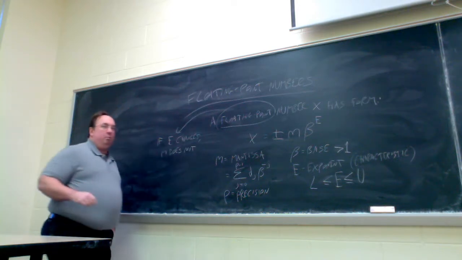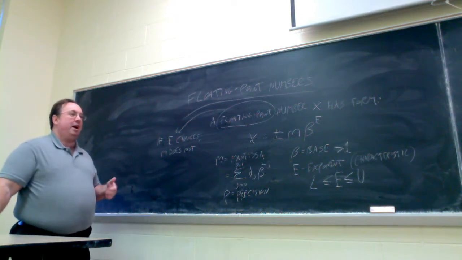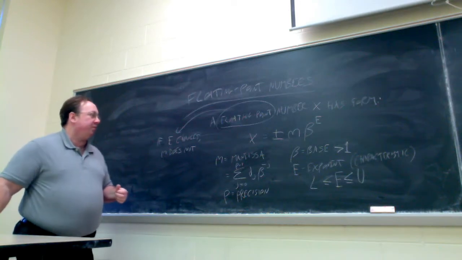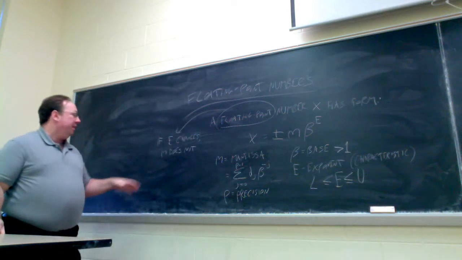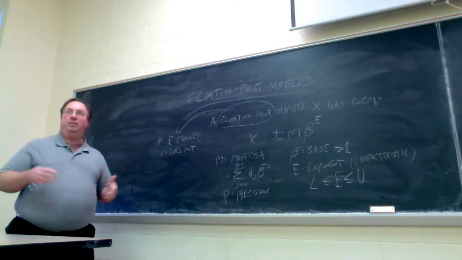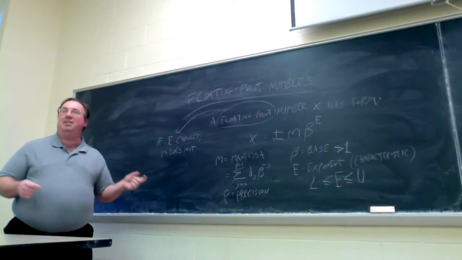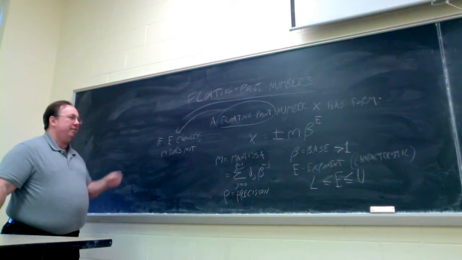So whatever base we're using, if we multiply or divide by the base, that's just going to change the exponent. So multiplying would increase it and dividing would decrease it. And m remains the same. So you can think of the point, or decimal point, if you will, that's base 10, moving around within the mantissa. If you were to have the number written, not the mantissa, but just x, so if you have the number written out in full.